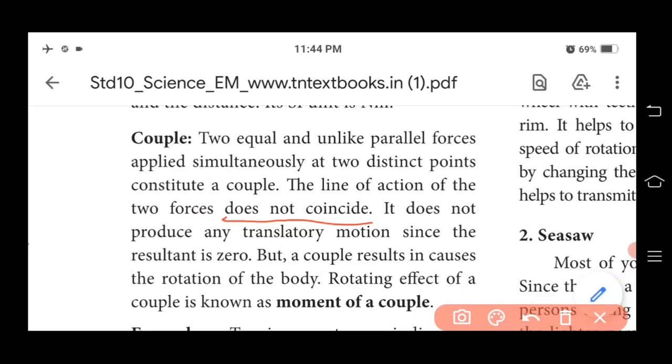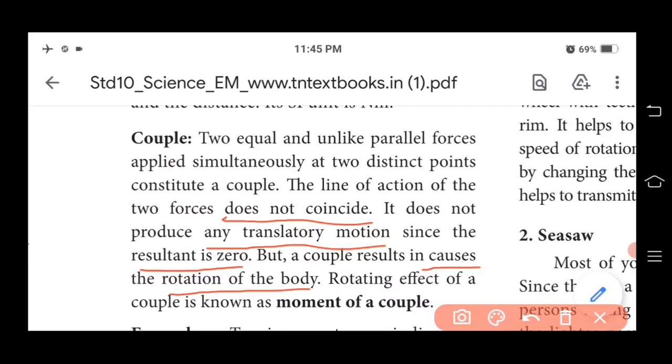So a couple does not produce any translatory motion because the resultant is zero.